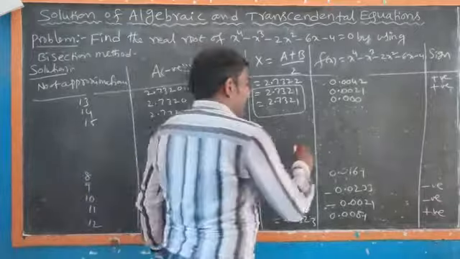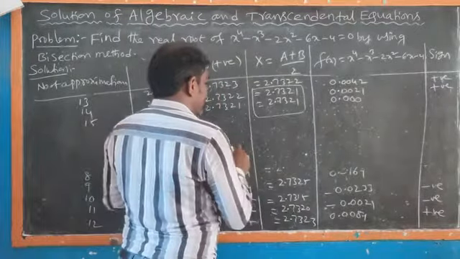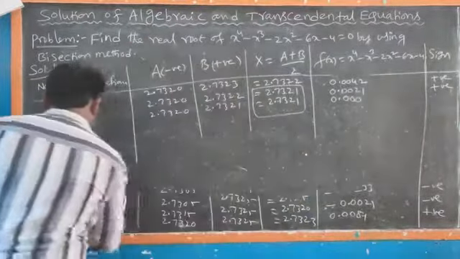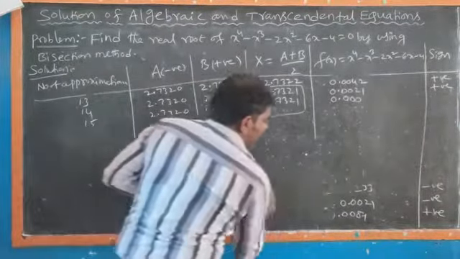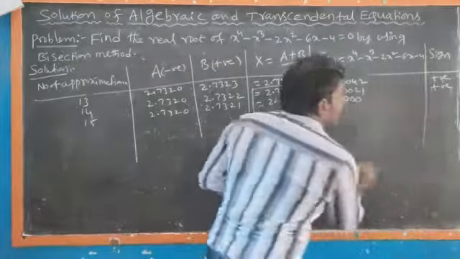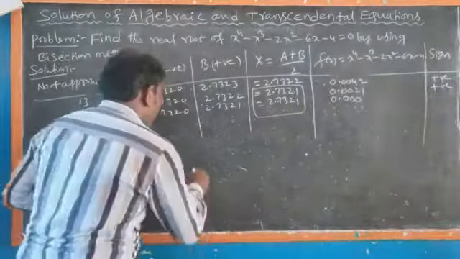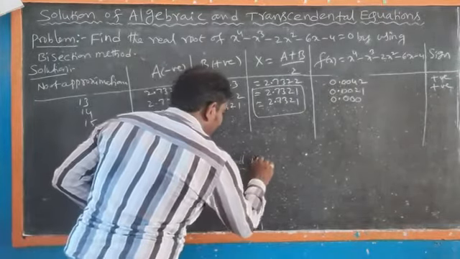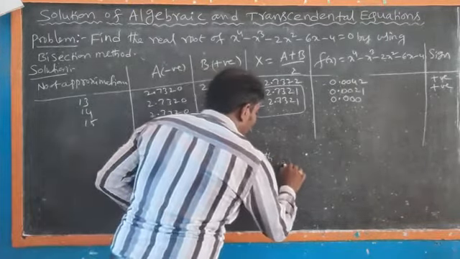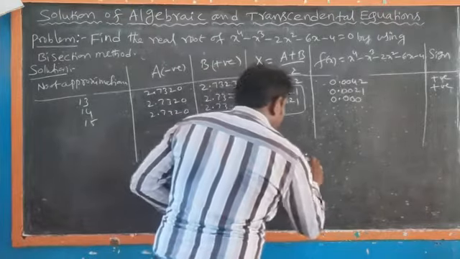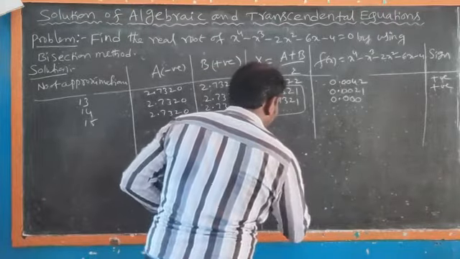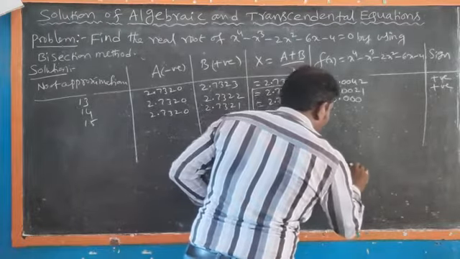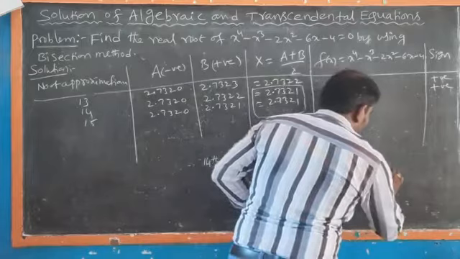Hence the 14th and 15th approximations are the same values.